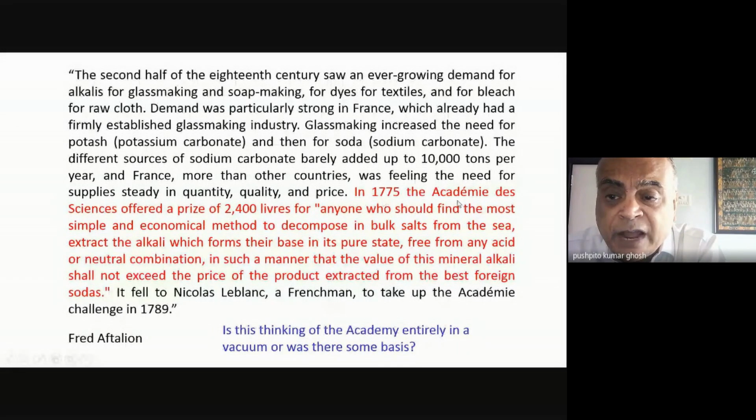In 1775, the French Academy offered a prize of 2,400 livres, whatever the unit of their currency was in France, for anyone who should find the most simple and economical method to decompose in bulk salts from the sea, extract the alkali which forms their base in its pure state, free from any acid or neutral combination, in such a manner that the value of this mineral alkali shall not exceed the price of the product extracted from the best foreign sodas. Now, can you imagine?